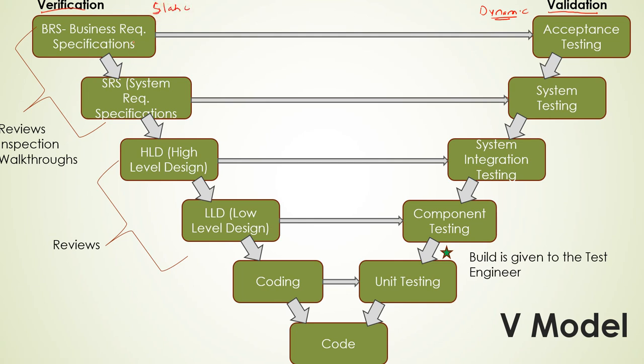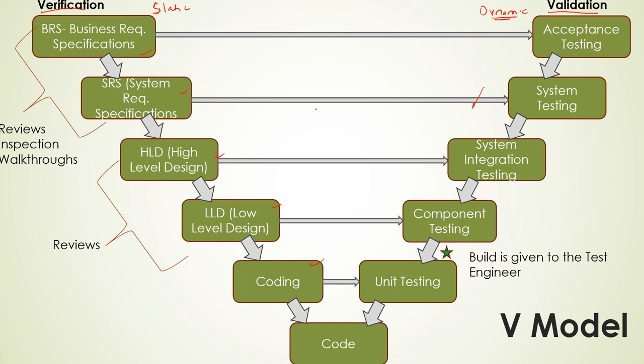In the verification part, there is a static practice of verifying the documents, the designs, and then the codes. And in the validation phase, we are actually performing the test, and this is a dynamic mechanism of validating and testing the actual product. So this is nothing but validation.